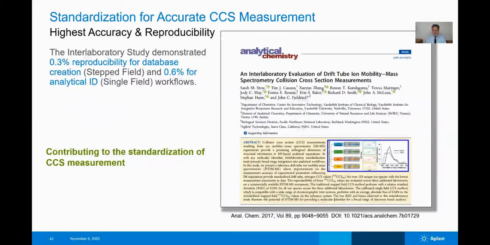Now, the good thing about this technique, the high resolution demultiplexing, is it still has all of the benefits of the drift tube system, in that it has very accurate CCS measurement, very reproducible, and it is standardized off of the interlab study, which allows us to get consistent CCS values from instrument to instrument and lab to lab.